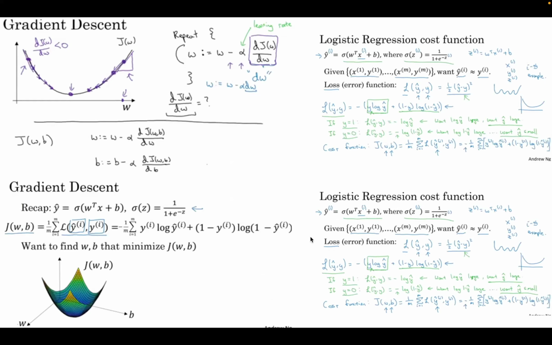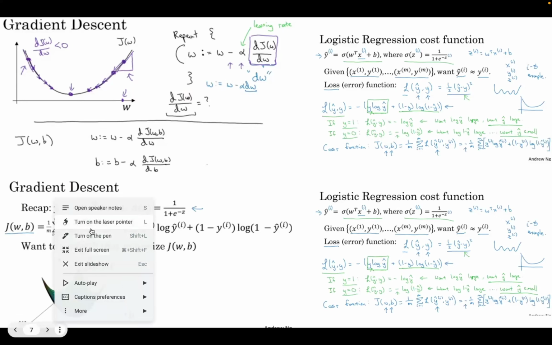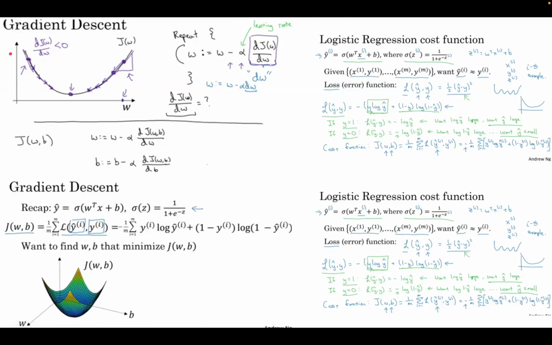So all these things you are seeing here, I'm going to explain all of them later. I just had to put them here. So what are we looking for? Let's say, for example, this is a graph. In this graph, we are looking for where W and B is going to be somewhere down here.